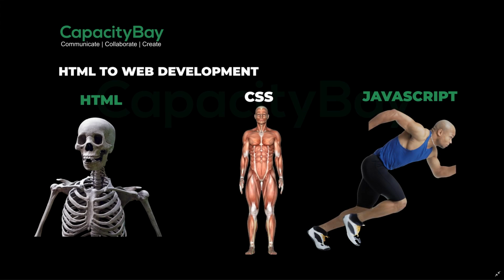Now, what's JavaScript? Okay, now let's use the human term to illustrate. I told my eye to blink. That's a motion. Okay, that's a function. So that's what JavaScript is all about in web development.